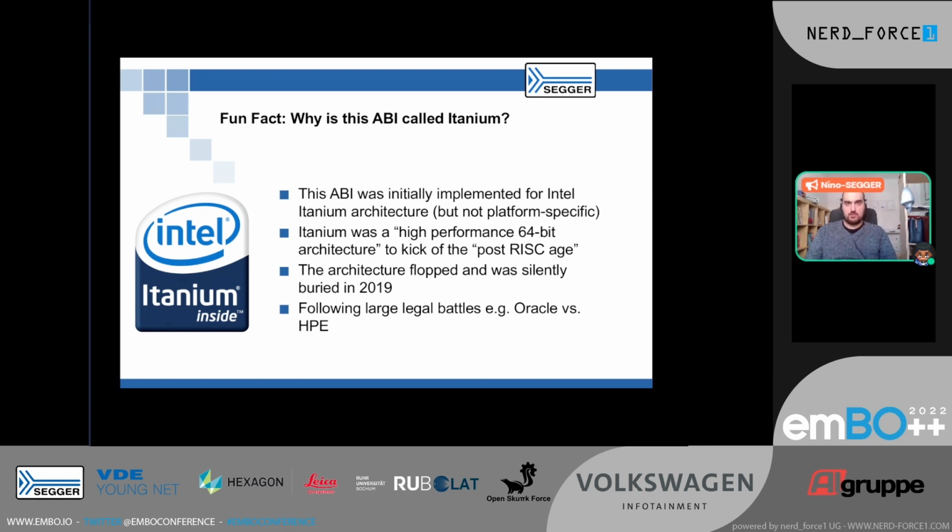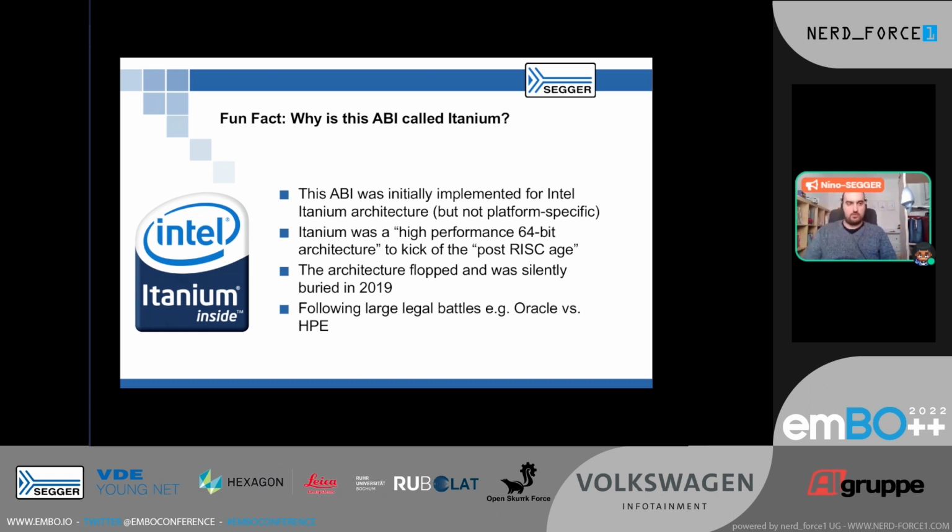It was discontinued in 2019, which surprised their customer base, because this launched a lot of lawsuits between big companies like Oracle and HPE, because they were telling each other that their support contracts were no longer valid.